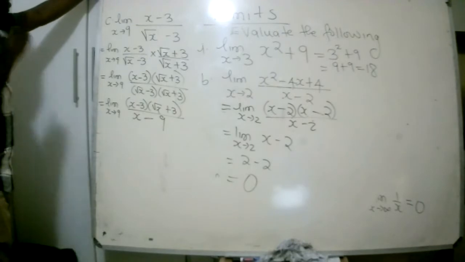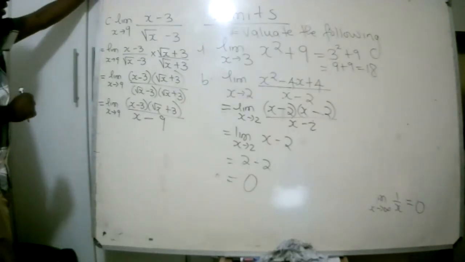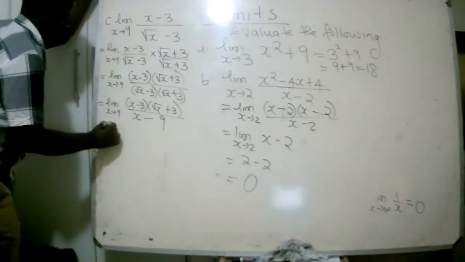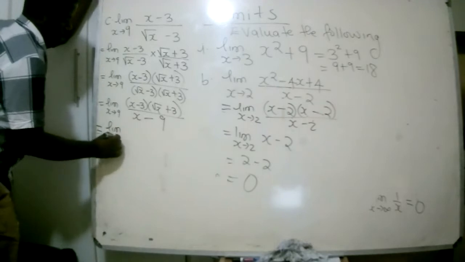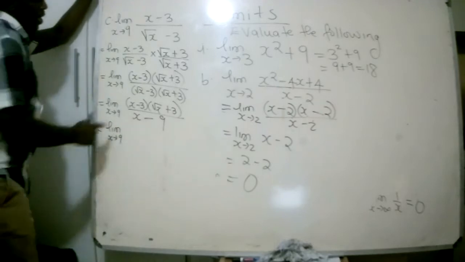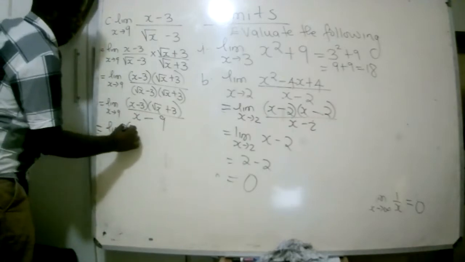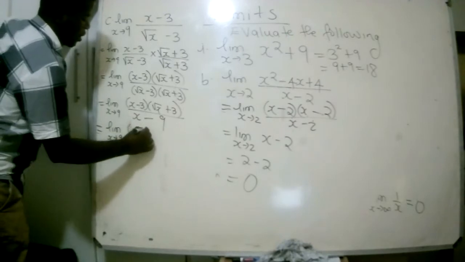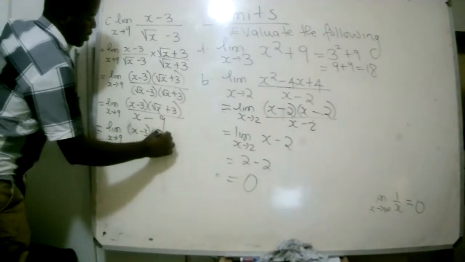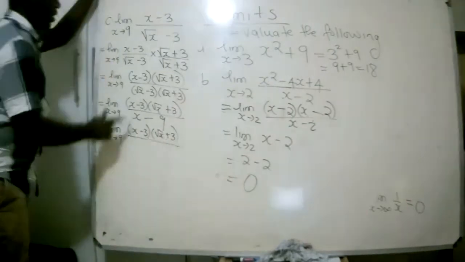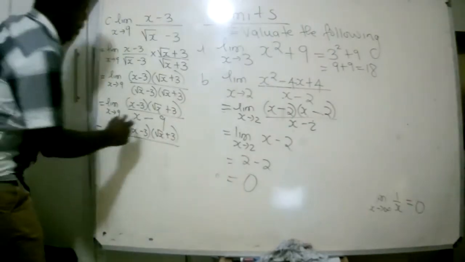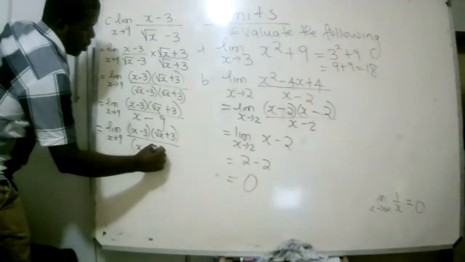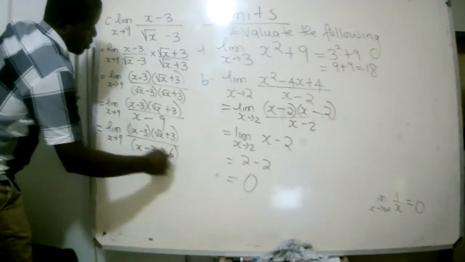Yes. All right, wonderful. So after having that, we can simplify this further by having the limit as x approaches 9 of, and then this we can write as, okay, so let's simplify the denominator: x minus 3 times root of x plus 3 divided by, then the denominator we can write as x minus 3 minus 6, like that.